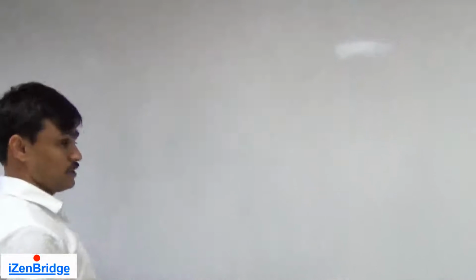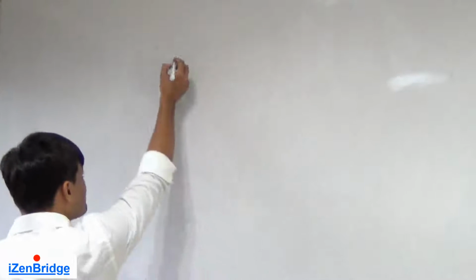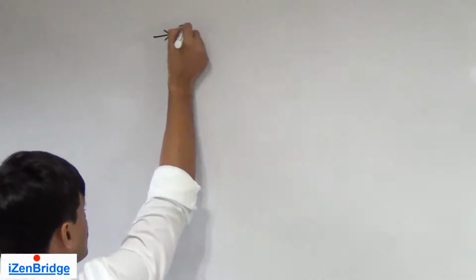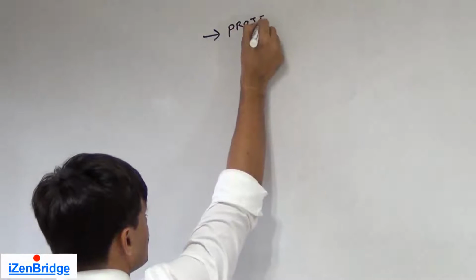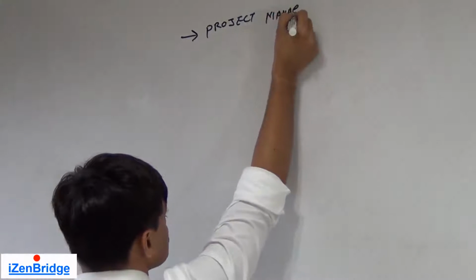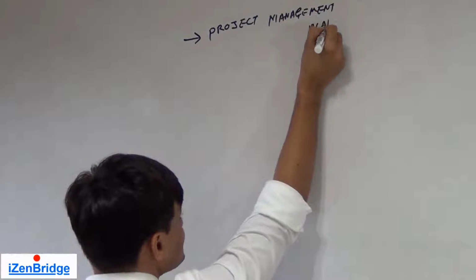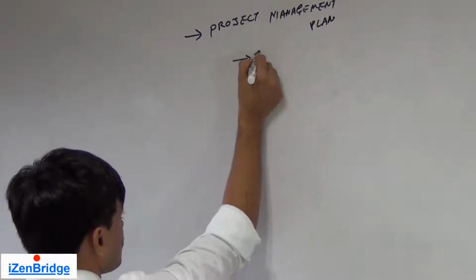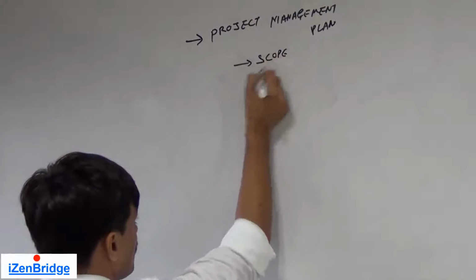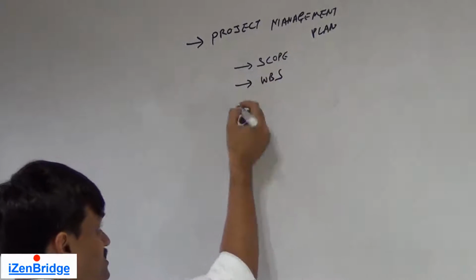We need to take the project management plan into consideration, primarily to look at scope baselines, WBS, which is part of the scope baseline, and WBS dictionaries.